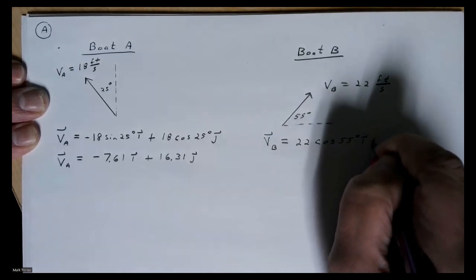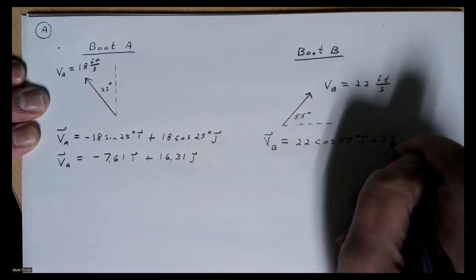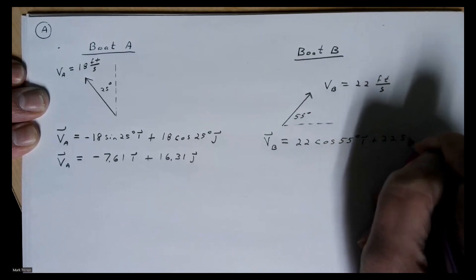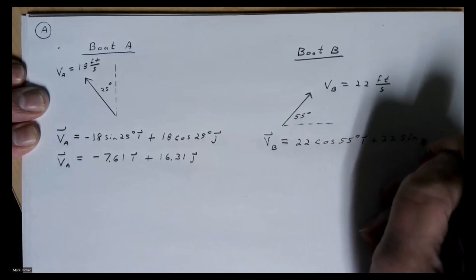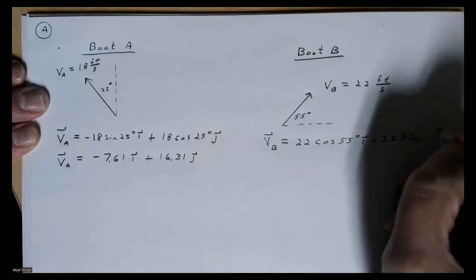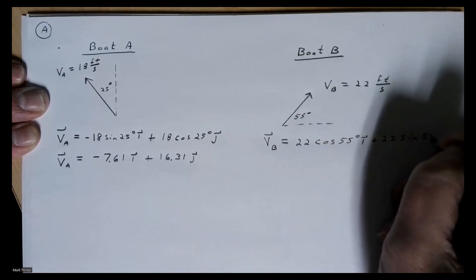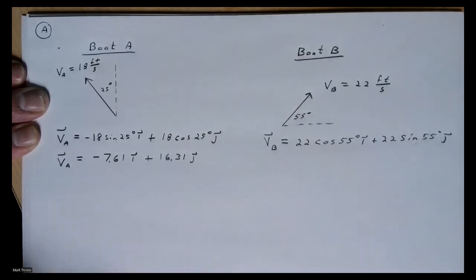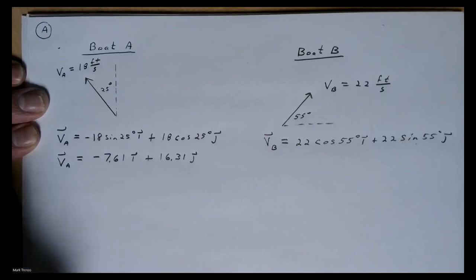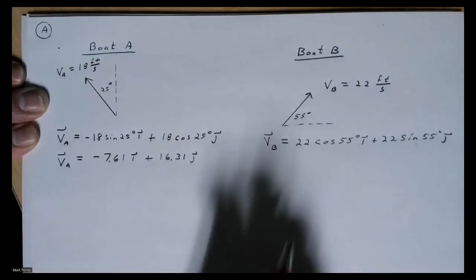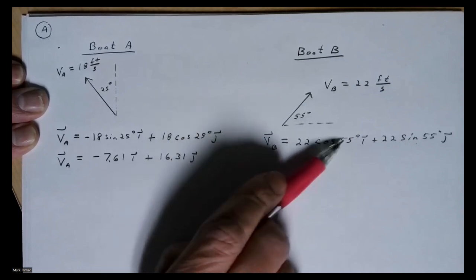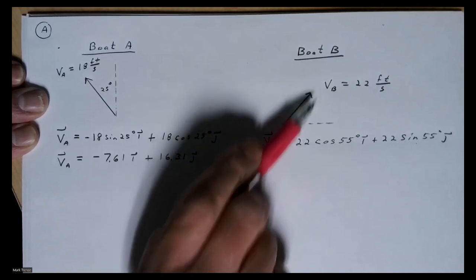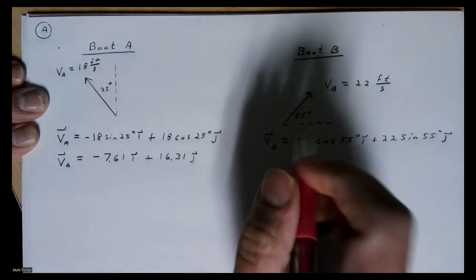And then plus the other one, which has to be sine: 22 sine 55 J. Notice again, it's positive in the x direction and positive in the y direction, so these are both positive.